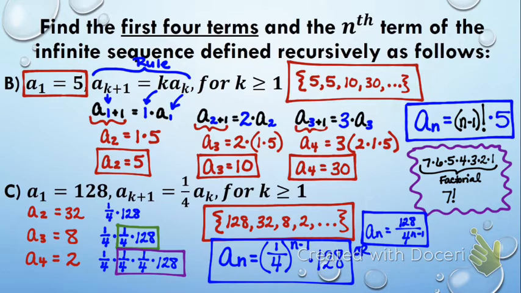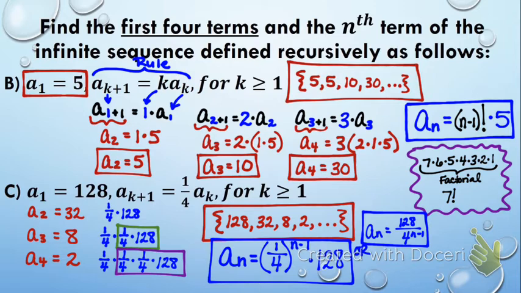We can only use a recursive definition to find the next one. So if they tell me the first one, I can find the second one. If they give me the third one, I can't necessarily find the second one. I could find the fourth one, but I can't go backwards. Does that make sense? Okay.